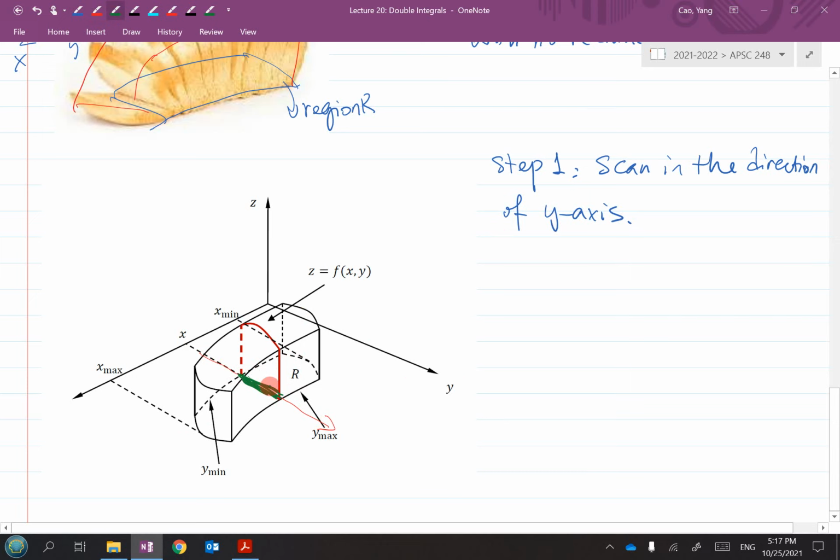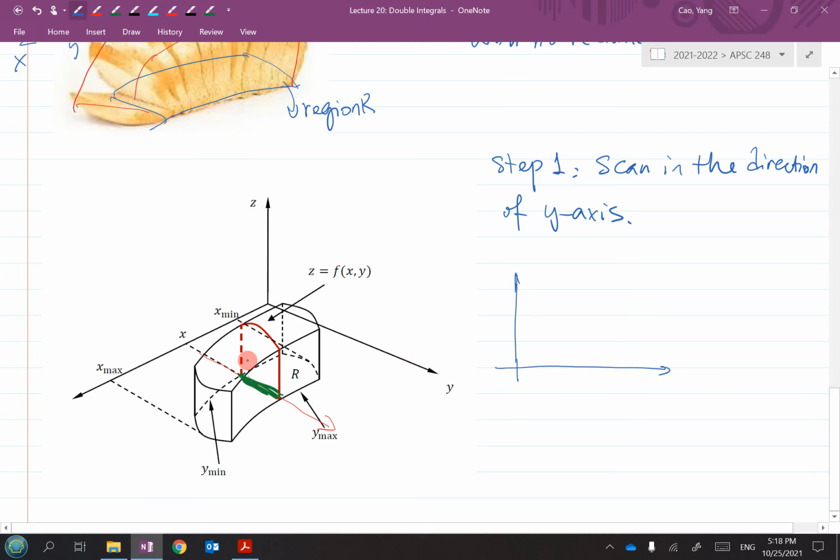At the same time, when you're scanning through, you're creating this line in here. So technically, what are you doing? You're creating a cross section parallel to this z-y plane. So that's basically the first step of scanning in the direction of the y-axis. Then let's single out that cross section there.